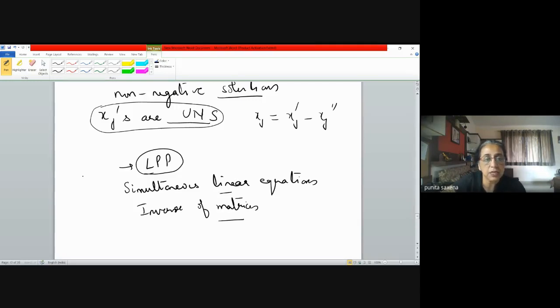Okay, so these are the three stages where the two-phase method can be applied.